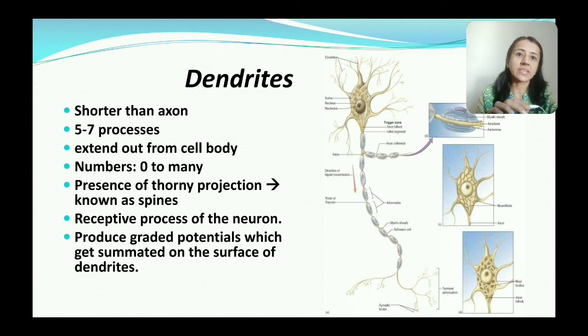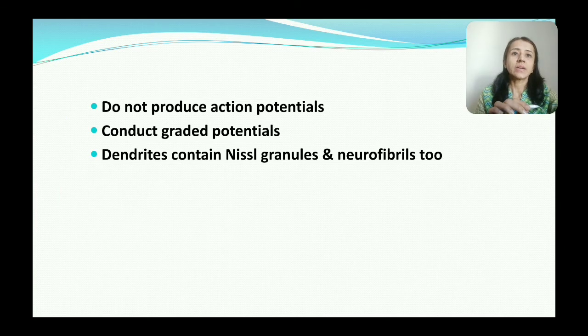You can see here in the diagram, and these spines are receptive processes and are the site of graded potentials, which are non-propagated and summated. Dendrites do not produce action potentials but they conduct graded potentials. These graded potentials are summated and produce an action potential in the axon. Dendrites have Nissl granules as well as neurofibrils.